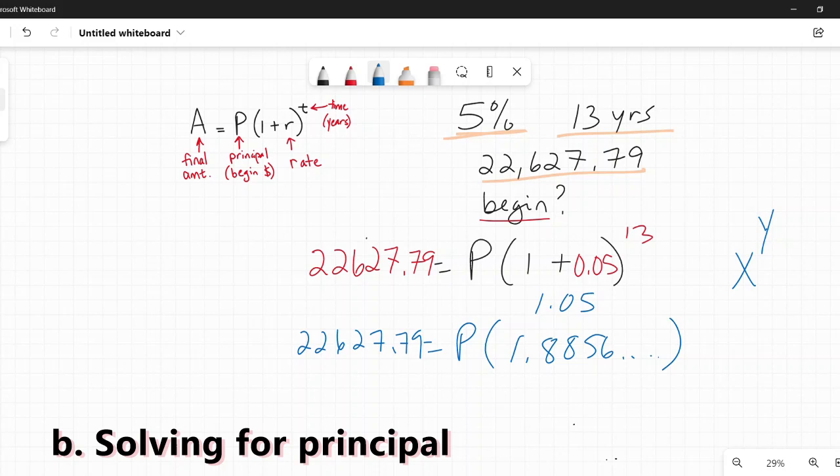22,627.79. Now we're going to divide 22,627.79 by this long number. Now, the longer you can put into your calculator, the closer you're going to be to the correct answer. If you want to get fancy, if you know how to use parentheses and things in your calculator, you can do it so it does this all at once, where it divides this by 1.05 to the power of 13.